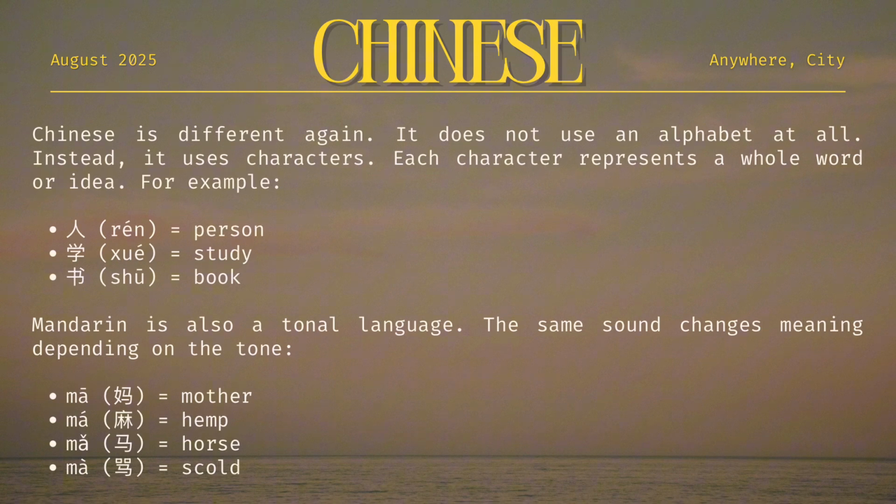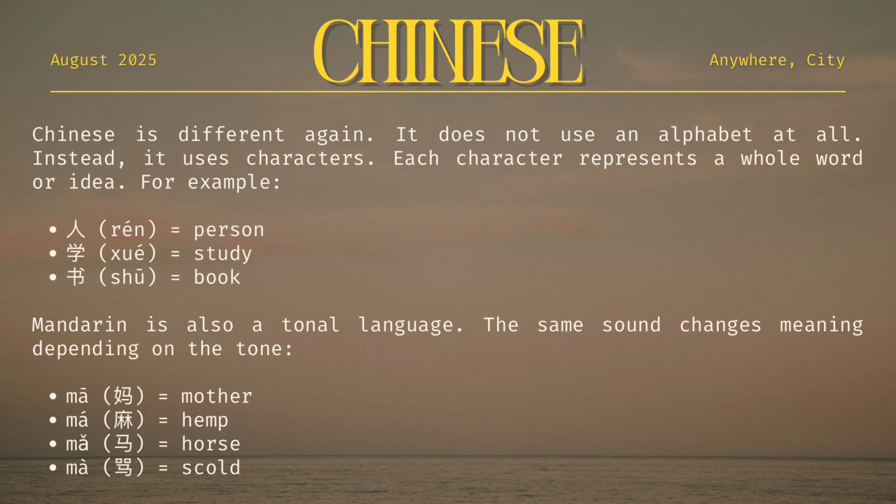So yeah, Mandarin is also a tonal language. The same sound changes meaning depending on the tone. You need to make sure that you can master that, because gosh, it's so important. For example, mā means mother, má means hemp, mǎ means horse, and mà means scold. It has 4 tones.